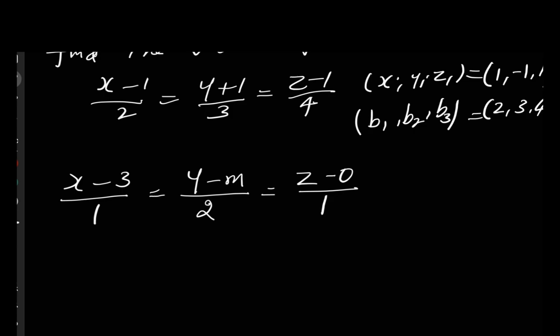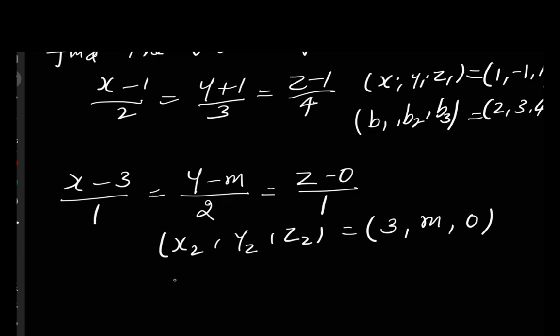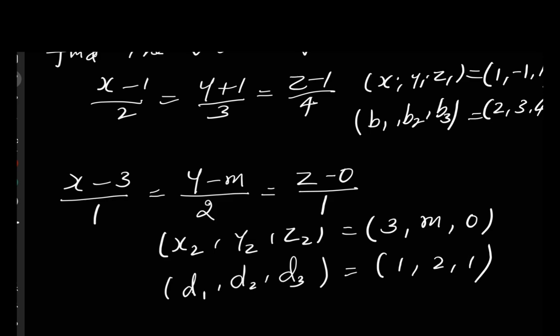So this line passes through the point x2, y2, z2, that is 3, m, 0. And the denominator terms are direction ratios, the components of the parallel vector. Let me take that d1, d2, d3, this is equal to 1, 2, 1.